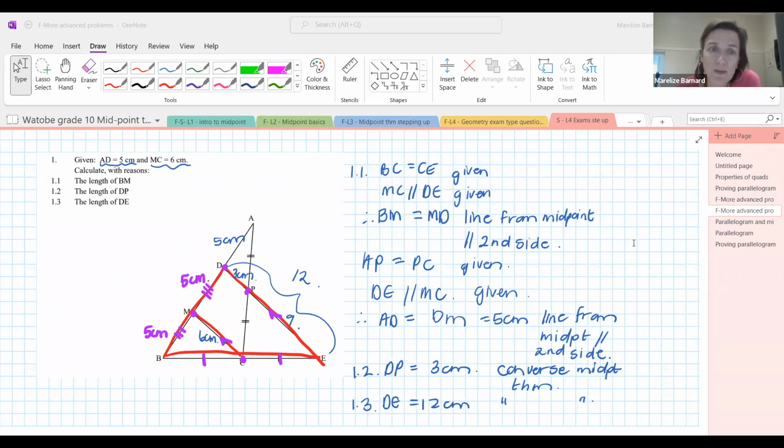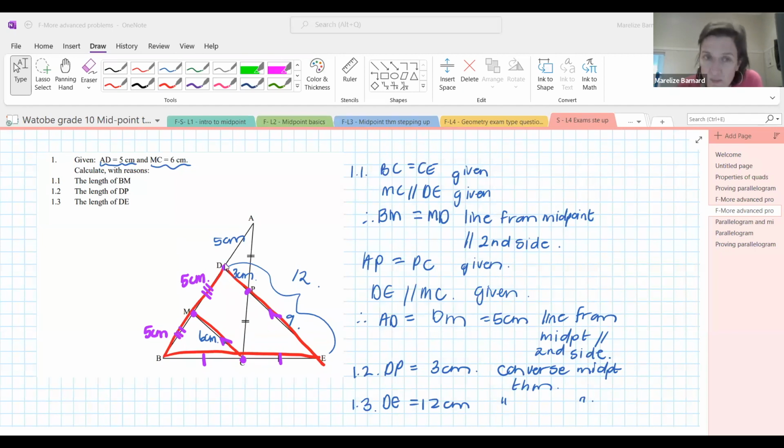Okay, how do we get BM? So BM we get because C is a midpoint and MC is parallel to DE. And because MC is parallel to DE and it's given that P is a midpoint, AP is equal to PM.